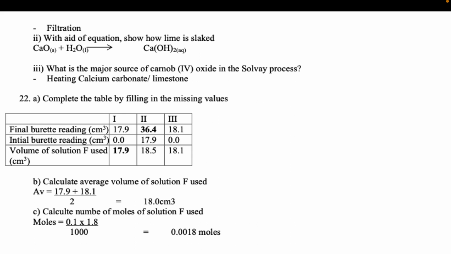What is the major source of carbon(IV) oxide in the Solvay process? Heating calcium carbonate, limestone. A. Complete the table by filling in the missing values. B. Calculate the average volume of solution F used.